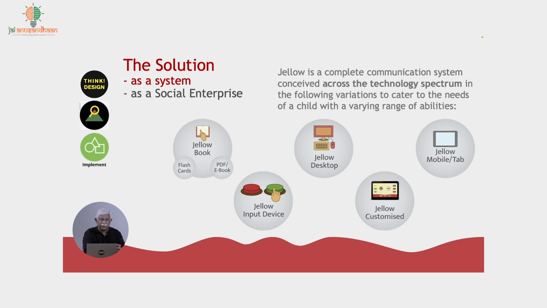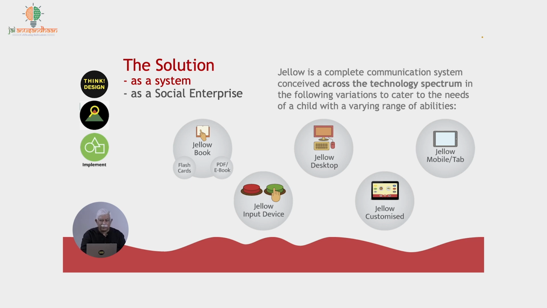Cards are very useful because you can stick them around in your house so that the child can look at it and learn an activity or remember something. Okay, very useful in bathrooms, in kitchens. You can also download it as a PDF book so that you can sit with the child. At any point of time, you can show the child and help her to communicate.